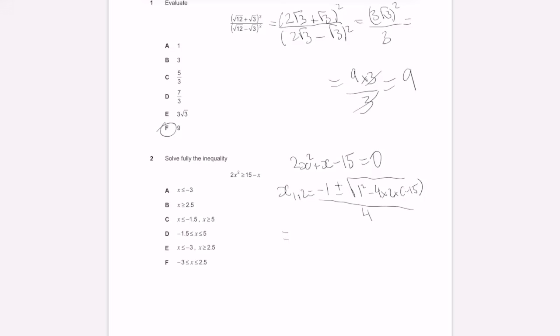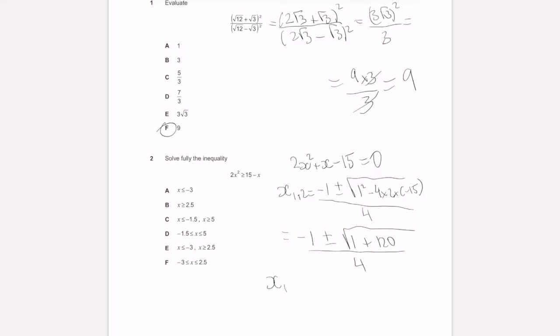Okay, well, this will then be equal to minus 1 plus or minus, let's do this slowly, the square root of 1 plus 8 times 15, which is 120. Notice how the 2 minuses have given us an overall plus sign. And then we're going to be dividing that by 4.